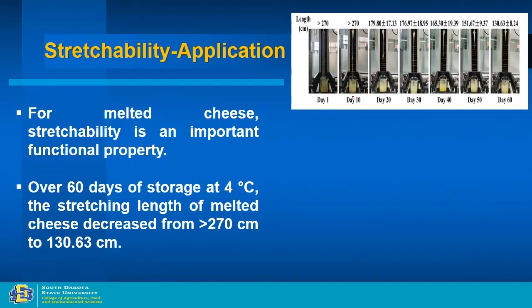They developed a 60-day storage time study, evaluating how the cheese stretches after 60 days, with 10 days difference. Very interestingly, they used the same Instron machine or texture analyzer. They melted the cheese, put a fork there, and lifted the whole thing out to see the stretchability.